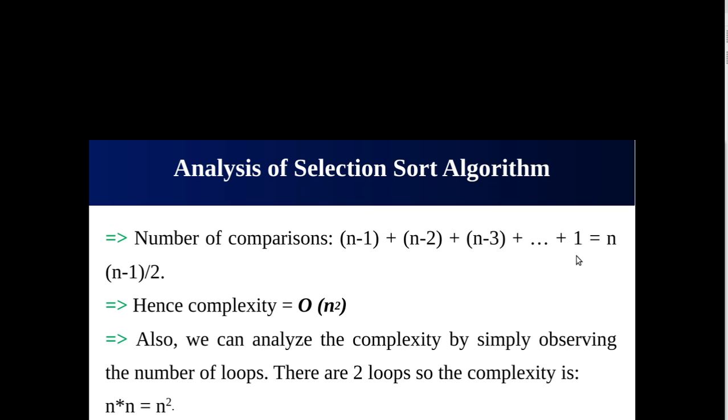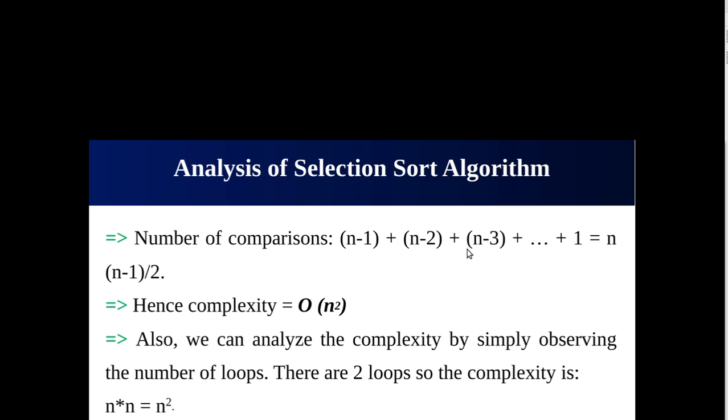And if you know this, we can actually write it as n into n minus 1, divided by 2. Left hand side is equal to right hand side. You can prove it very easily. And we saw this equation in week number 2 when we were studying some basic concepts of mathematics where we saw the review.